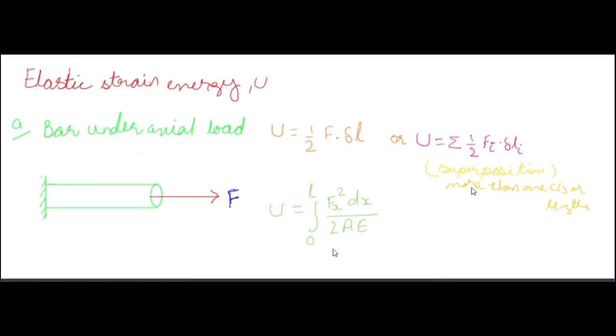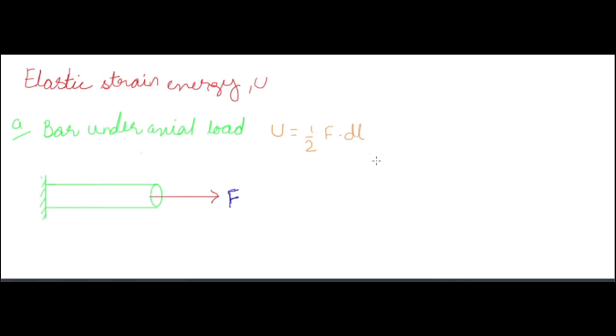In general, strain energy U is equal to half into F into delta L, where F is the load acting and delta L is the elongation by that load F. If you have various cross sections or the load is varying, you can perform the integration.